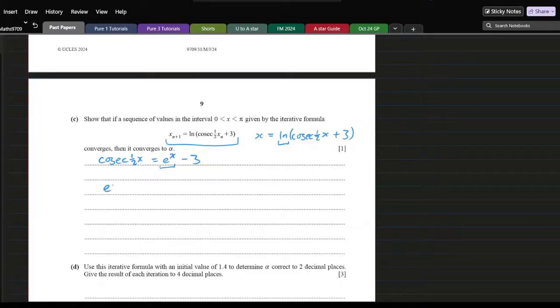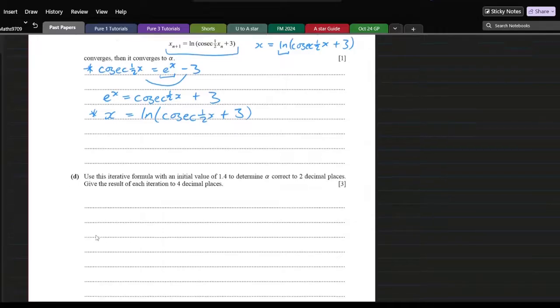So e to the x is equal to cosec half x, move the negative 3 to that side, it becomes a positive 3. Now to get rid of the exponential function, we take the natural logarithm on both sides. So x is equal to the natural logarithm of cosec half x plus 3.